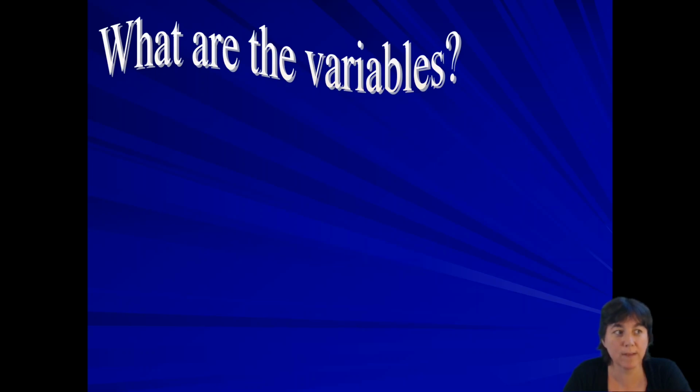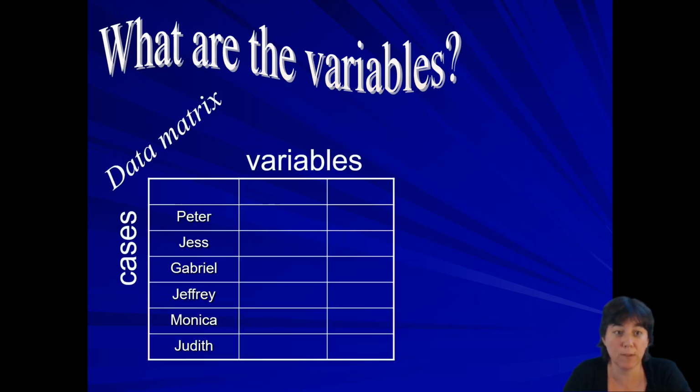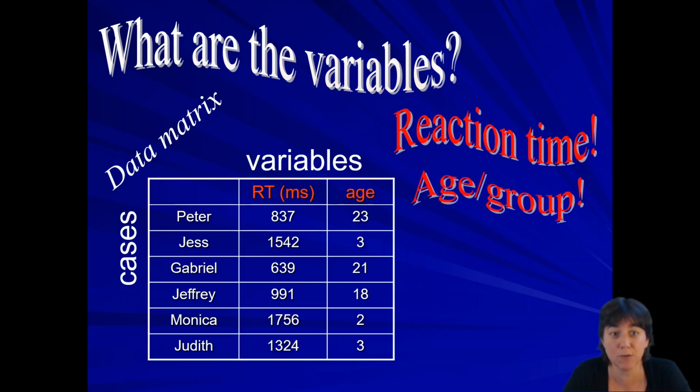If I'm interested in whether the adults are different from the children in their reaction time, then probably it's age. That's a very important variable for the cases. So I have reaction time, what I'm measuring as a performance, and also age, which I group. The 23, 21, and 18 will be adults, and the 3 to 3 will be the children.